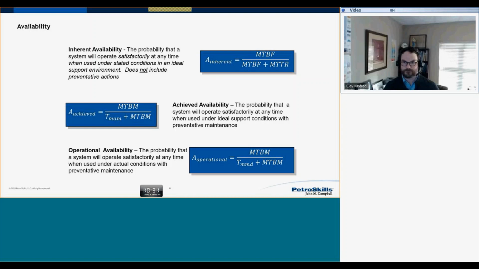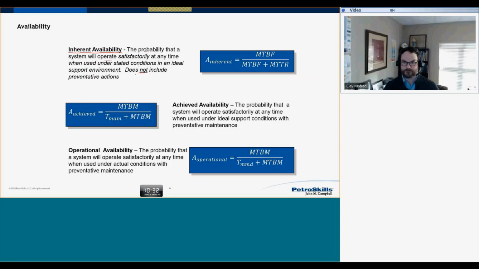I've got 3 different definitions for the term availability. This is the one that most maintenance people like to use. And I don't say that in a bad way because my background is maintenance anyway. This is the probability that the system will operate satisfactorily at any time when used under stated conditions in an ideal support environment.